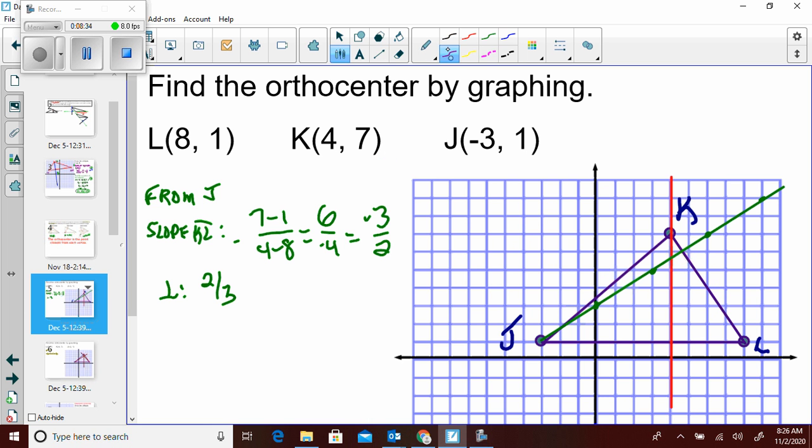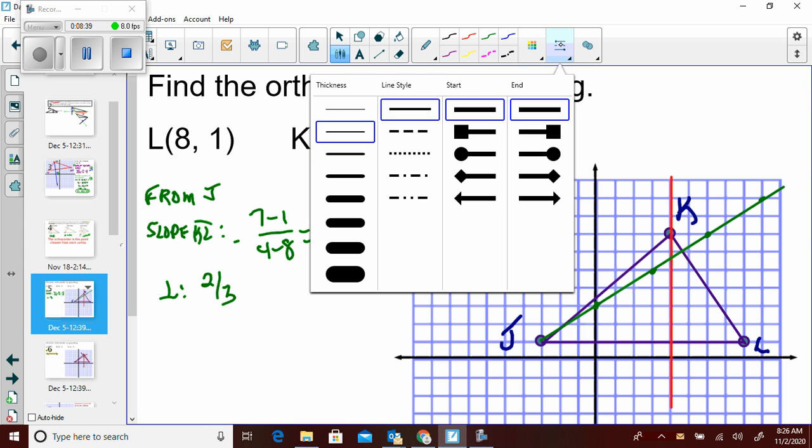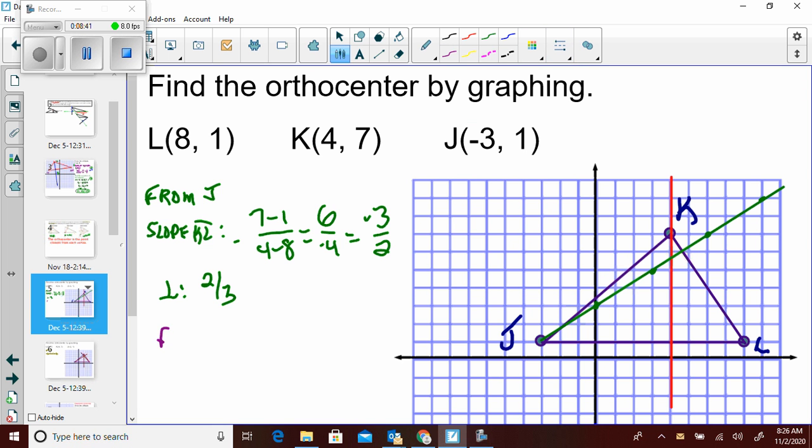So my next one will be from L. So I need the slope of JK. Change in Y is 1 minus 7, -3 minus 4, -6 over -7 is 6/7.